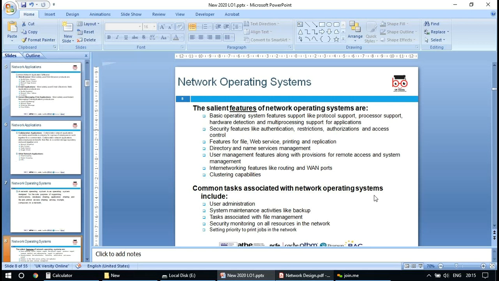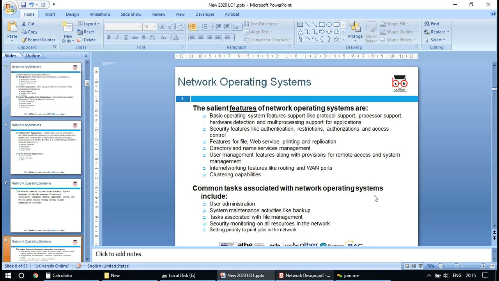The salient features of a network operating system are basic operating system features, like protocol support, processor support, hardware detection, multi-processing support for applications, as well as security features like authentication, restrictions, authorization, access control, and features for file, web, printing, replication.